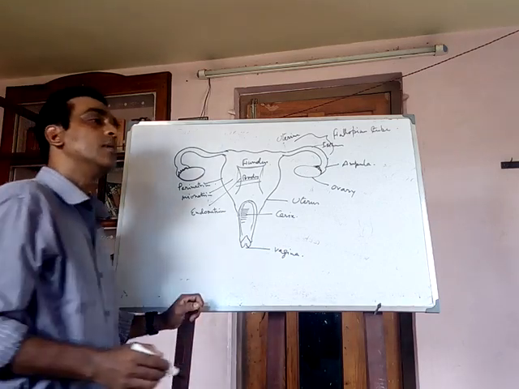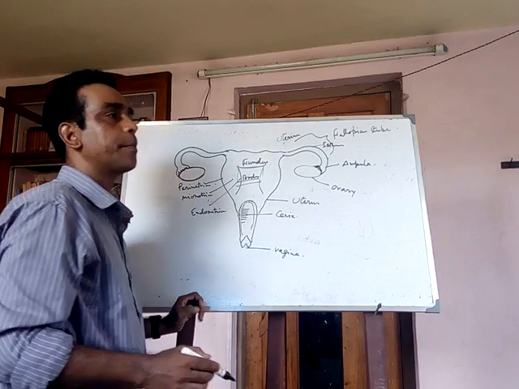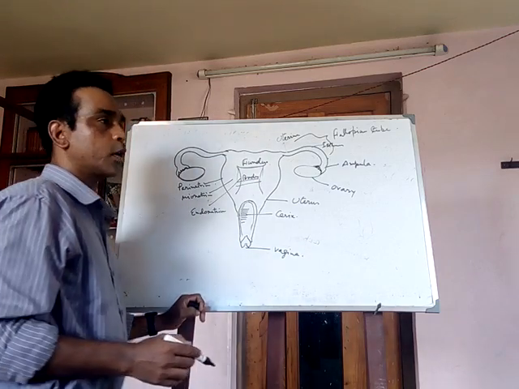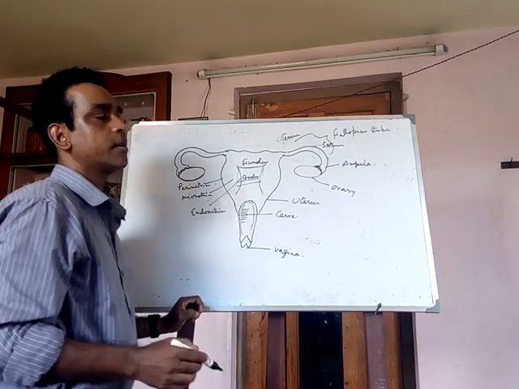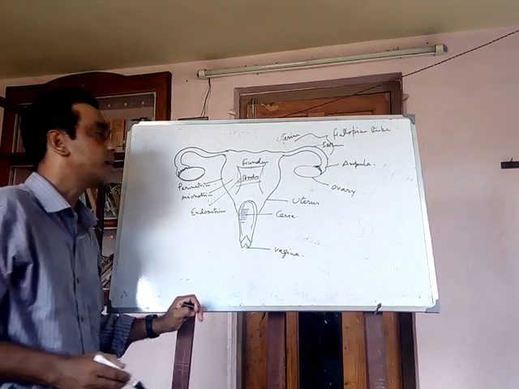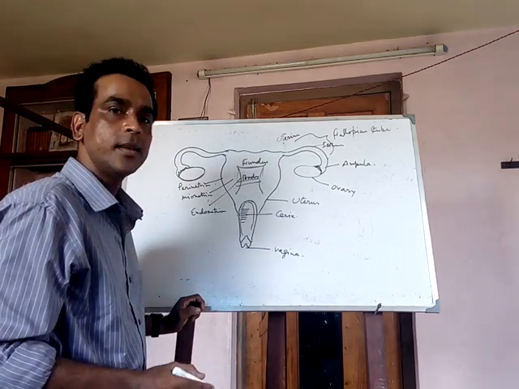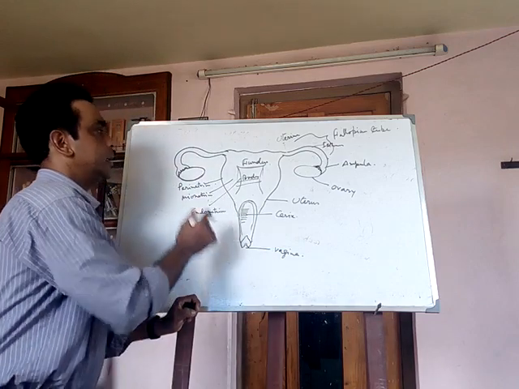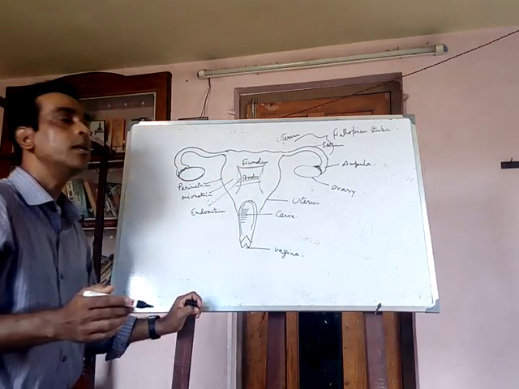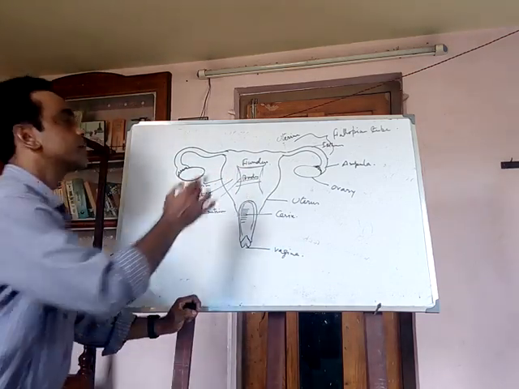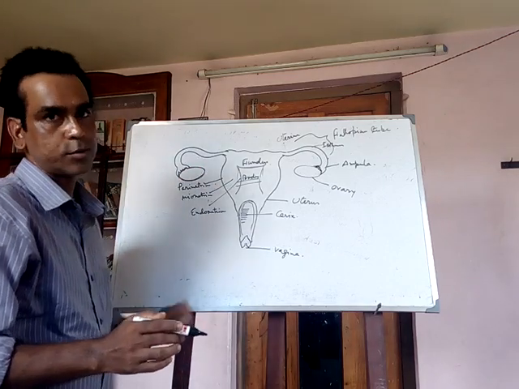Like the male sexual organ, the main or primary sexual organ of the male is the testis, and the others are called secondary sexual organs. Here the ovary is the only main or primary sexual organ, and the others are called secondary sexual organs.